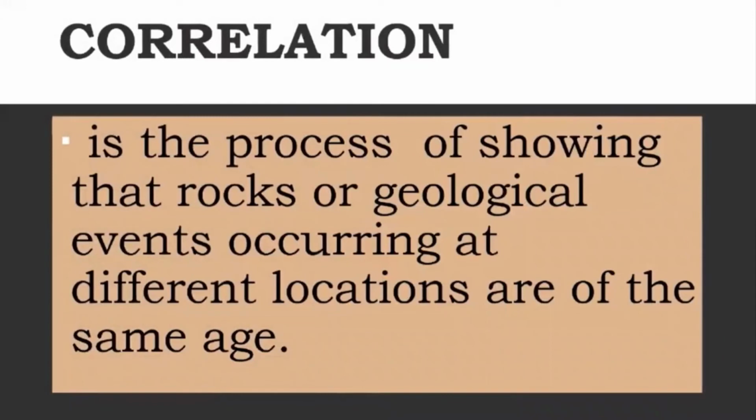Correlation, from the word itself, is a process of showing that rocks or geological events occurring at different locations are of the same age. So by correlation, they identify if rocks, even from different locations or times, have the same age or not.